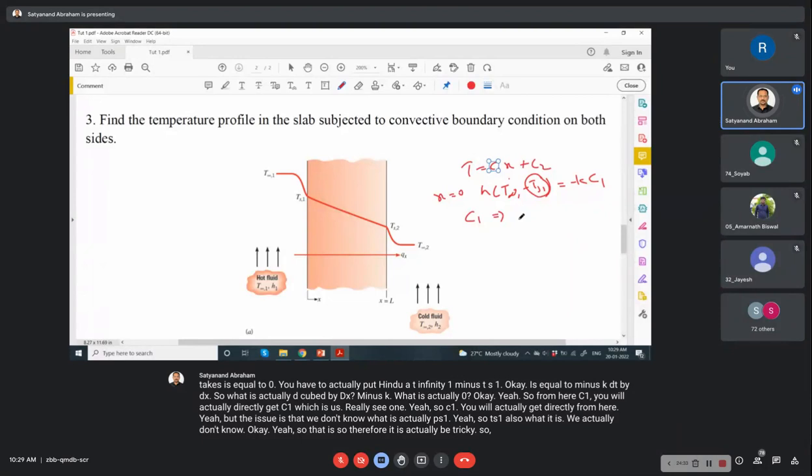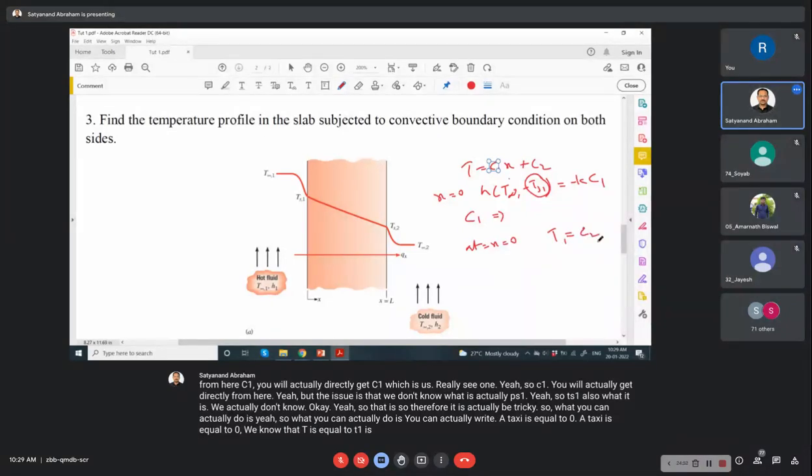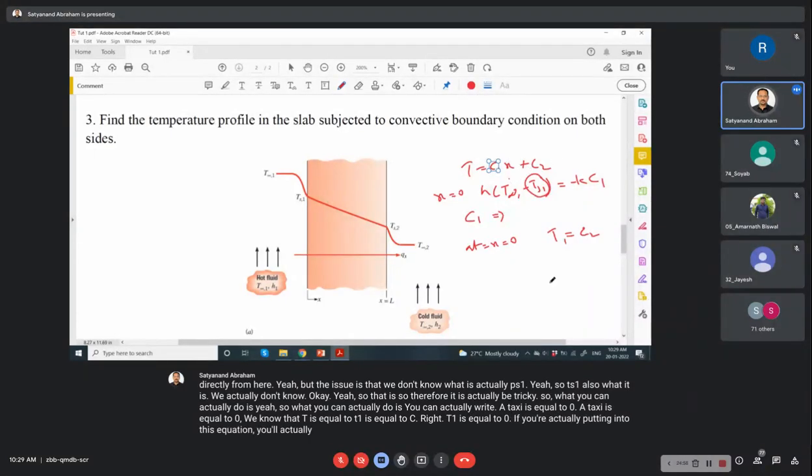So what you can do is write at x is equal to 0, we know that T is equal to T1, and if you put x equal to 0 into this equation, you will get T1 is equal to C2.